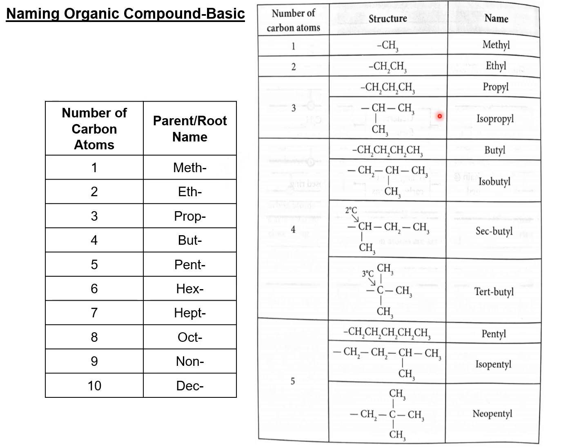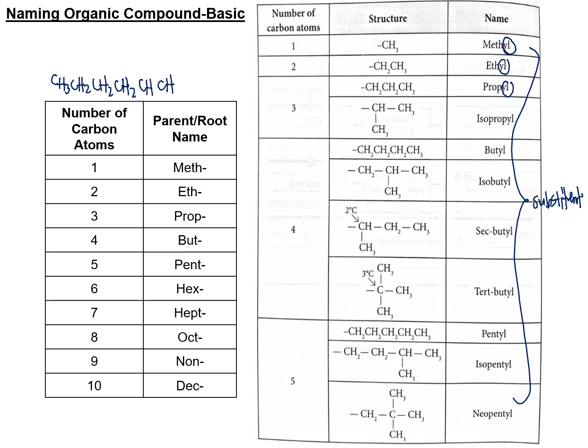Okay, next is when the hydrocarbon becomes a substituent. When a hydrocarbon becomes a substituent, you automatically put yl at the back. How do you know if it is a substituent? For example, say you have a hydrocarbon where the parent is CH3, CH2, CH2, CH2, CH3.